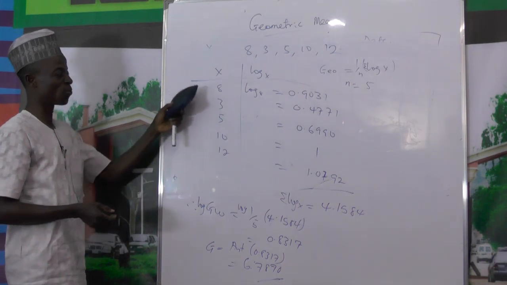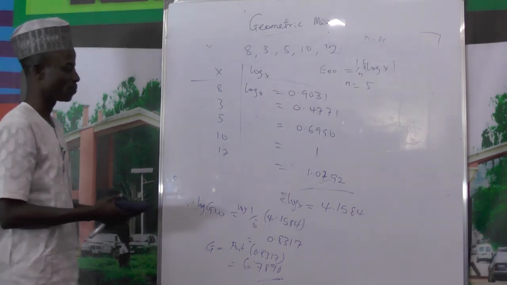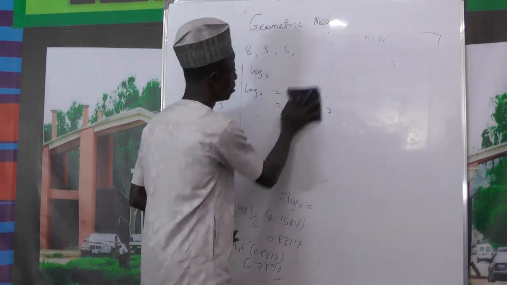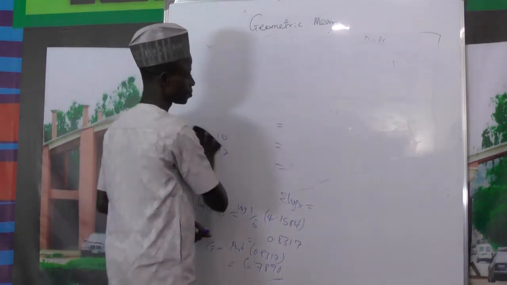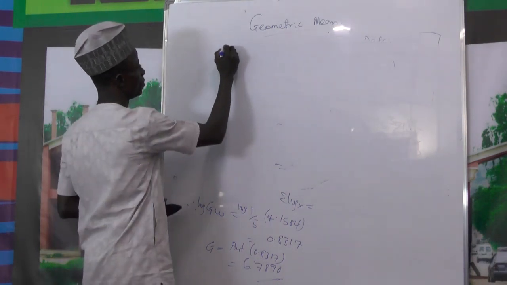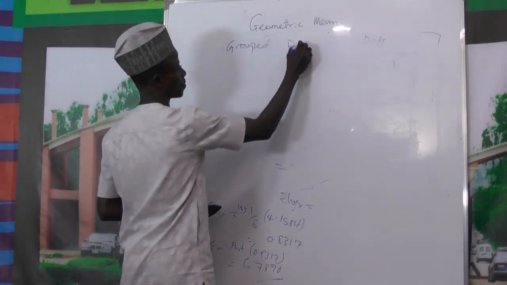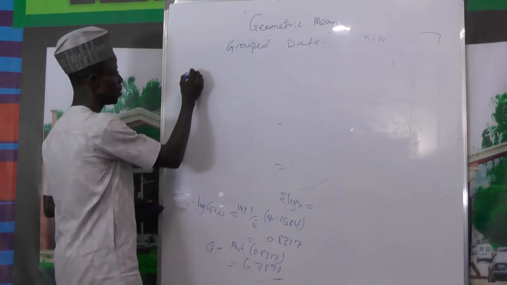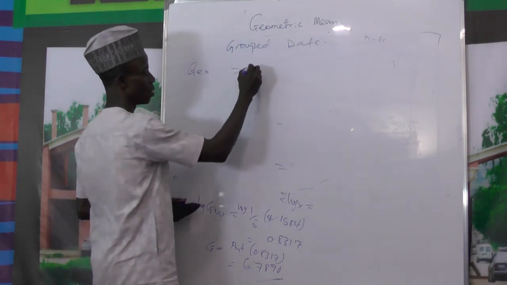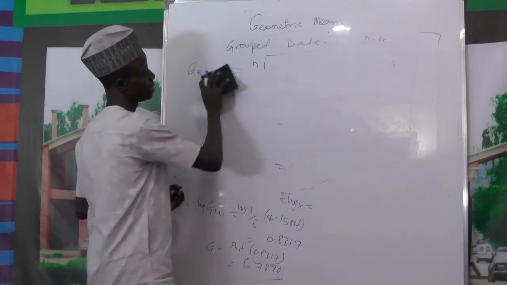And mind you, this is for ungrouped data. So in the case where we have grouped data, just like what I explained under the arithmetic mean, our geometric mean will be equals to the nth root, or let's say it in this way.